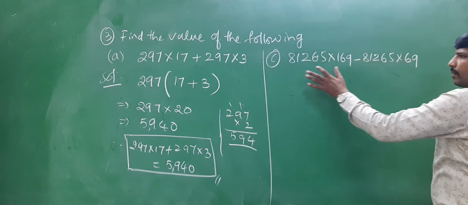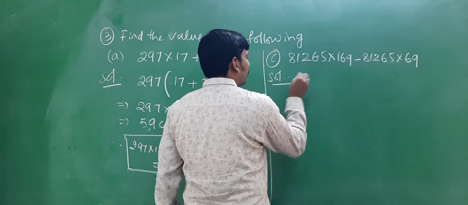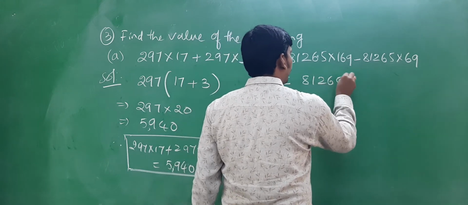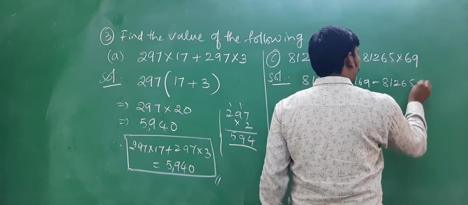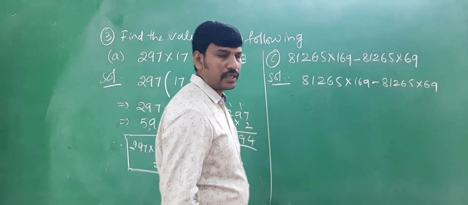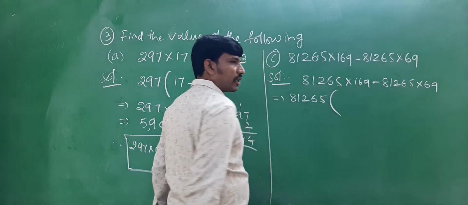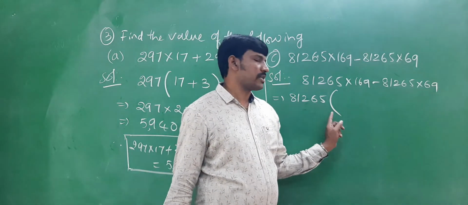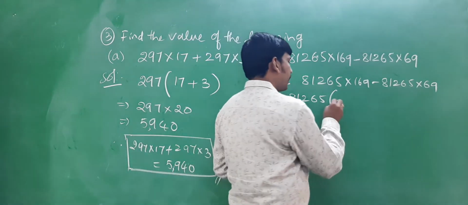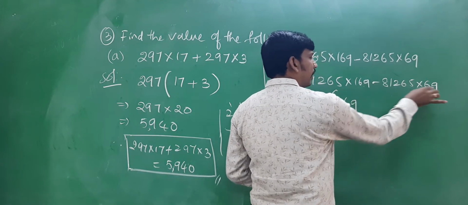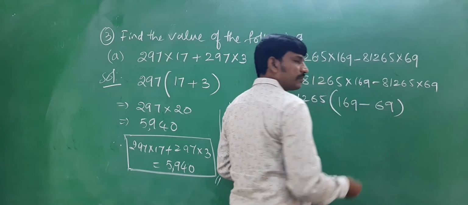If I take the common 81,265, whenever you can take the common, start immediately, you can open the bracket. Bracket indicates multiplication. 169, here 69. Between these two we have a negative sign, minus 69.